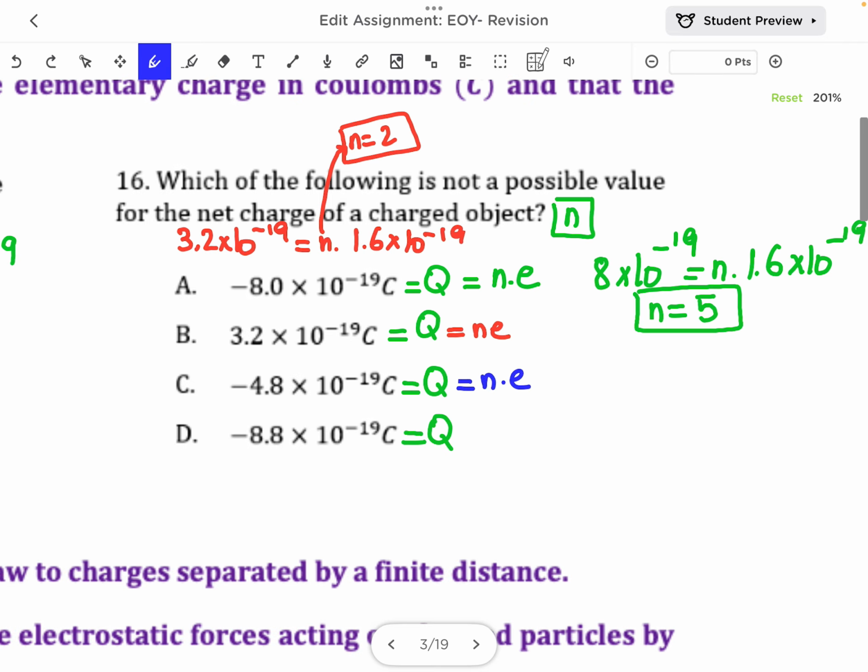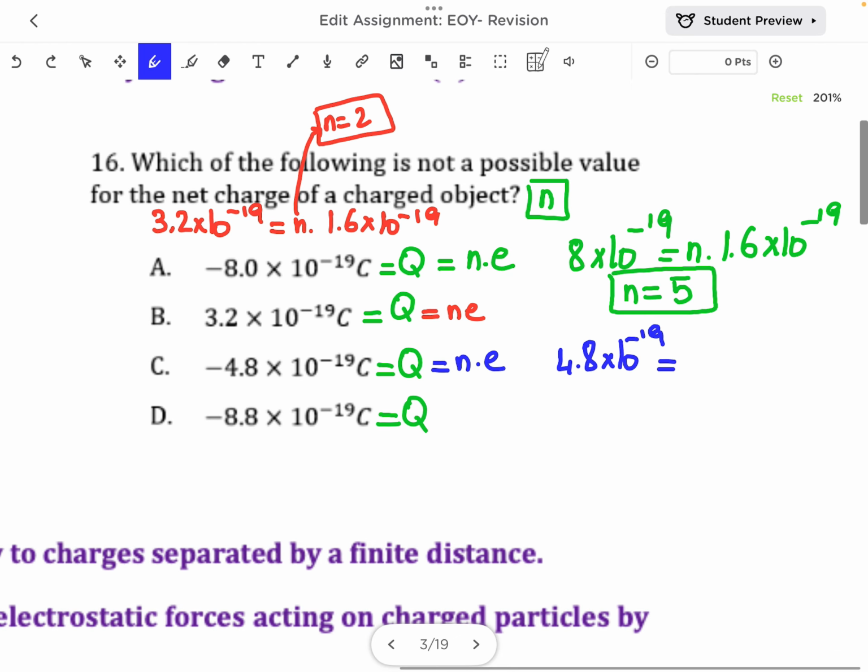Again, Q equals n e. 4.8 × 10 to the power of negative 19 equals n × 1.6 × 10 to the power of negative 19. n equals 3. So it's also okay. I can have 3 electrons.